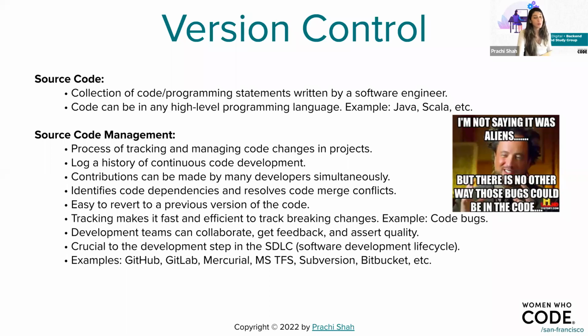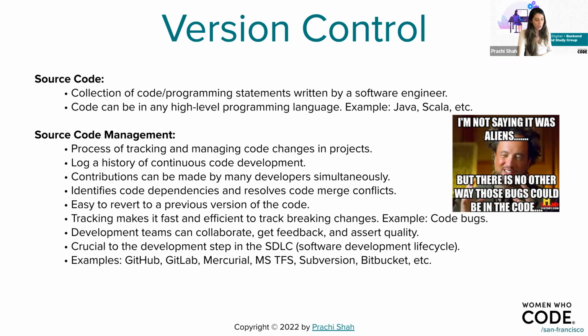Source code management also helps us identify code dependencies and resolve code merge conflicts. Let's say two engineers are working on the same piece of code and they're contributing continuously. This will help us resolve any kind of merge conflicts, because we have a log, we can always go back and trace the changes made and resolve any simultaneous code change conflicts.